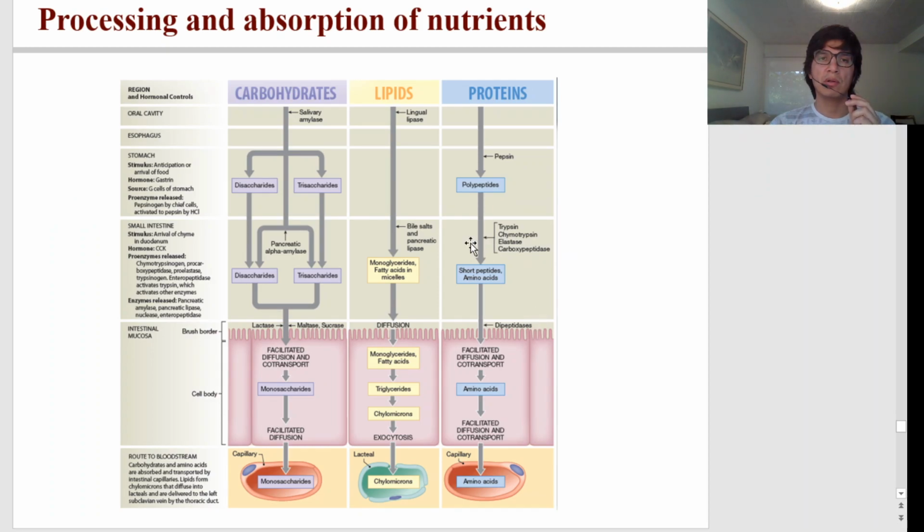This is a high level view of the processing and absorption of nutrients, and at which levels the digestion and absorption of these particular components happen.